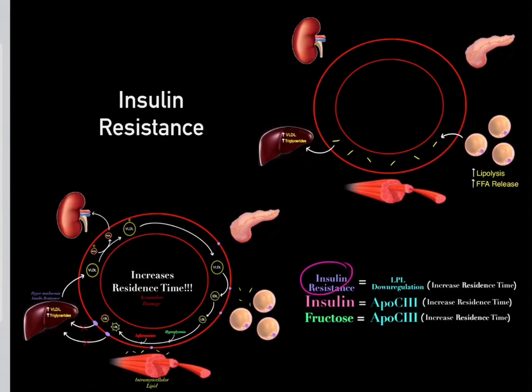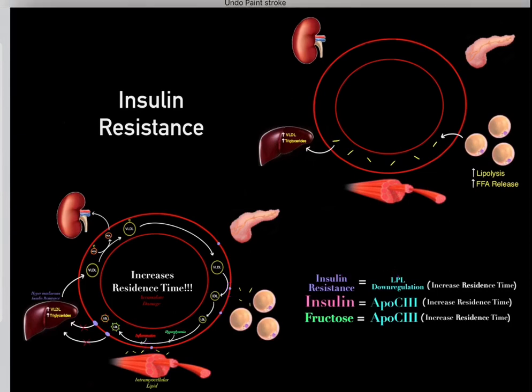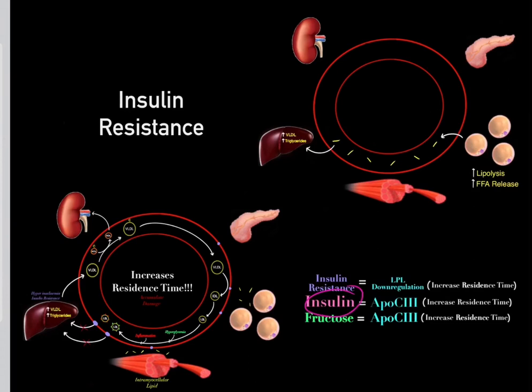And it's known that insulin resistance leads to downregulation of these lipoprotein lipase enzymes, which increases the residence time of these lipoproteins. Also, high insulin and high ingestion of fructose increase the expression of this ApoC3 enzyme on the lipoprotein particles, which also increases their residence time, which is associated with cardiovascular disease.